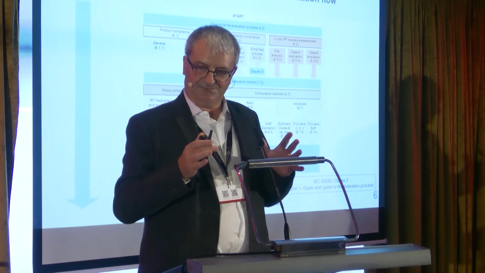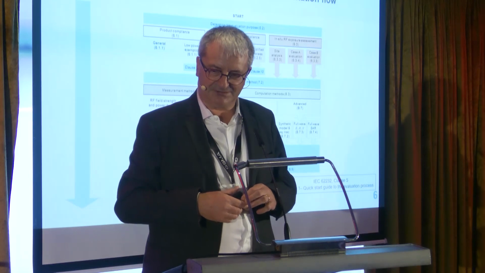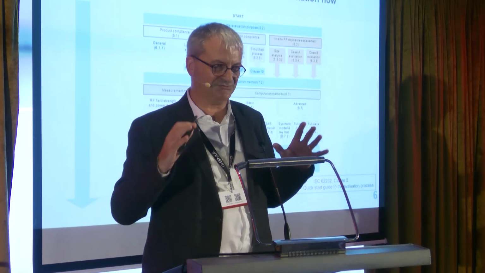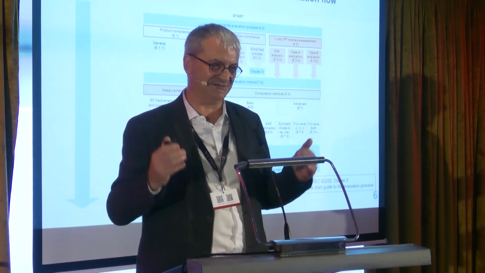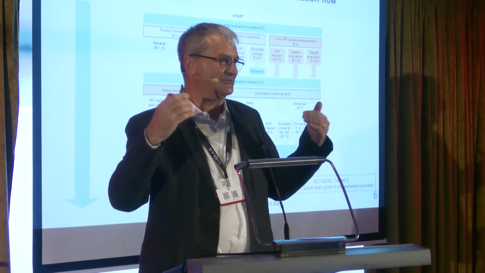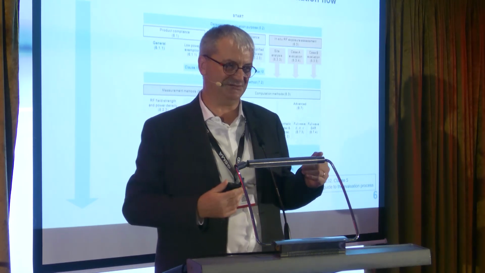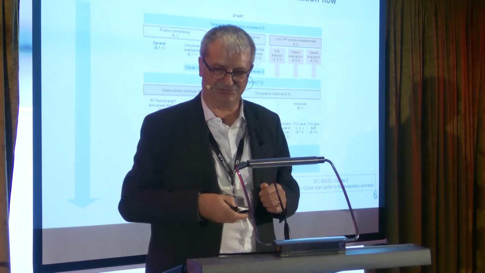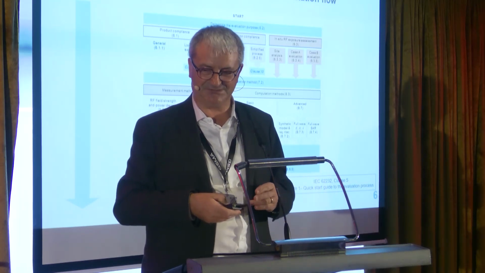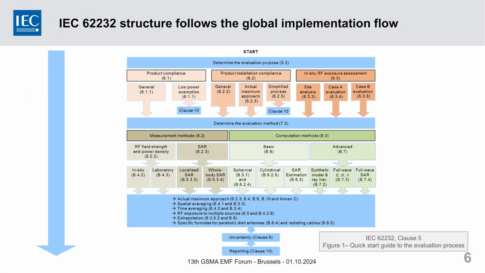In Part 5 of the standard, we try to summarize the flow of events, as a quick guide to show first users where they can find the various bits and pieces that will be useful for implementing the standard. So first, you choose one of the 3 pillars I described: product compliance, product installation, and in situ.